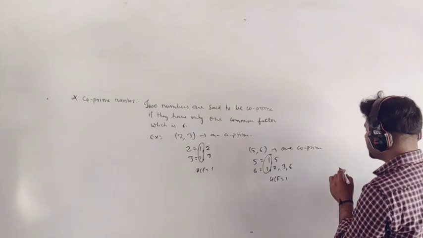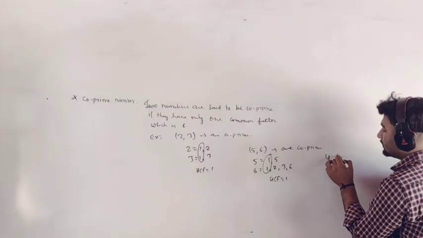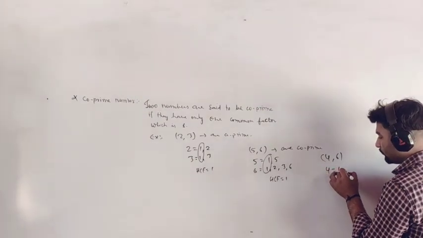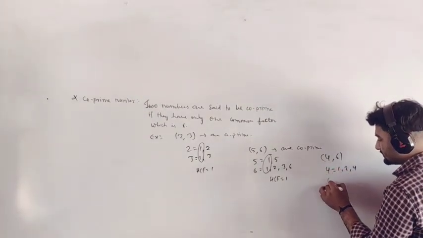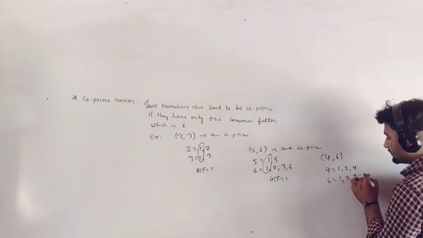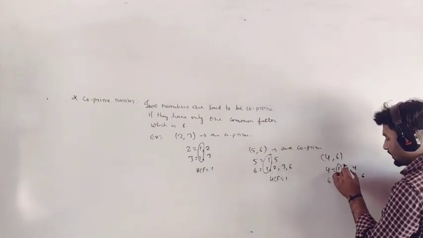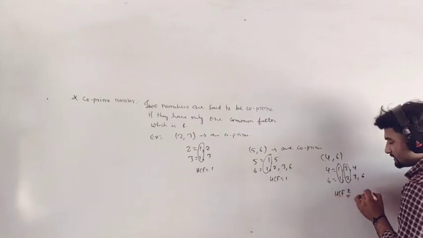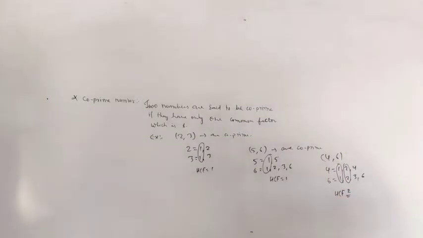So 5 and 6 are coprime. But if you are taking 4 and 6, the factors of 4 are 1, 2 and 4. The factors of 6 are 1, 2, 3 and 6. So here the common factors include 2, meaning the HCF is 2. But from the definition of coprime numbers, two numbers are said to be coprime if they have only one common factor, which is 1.